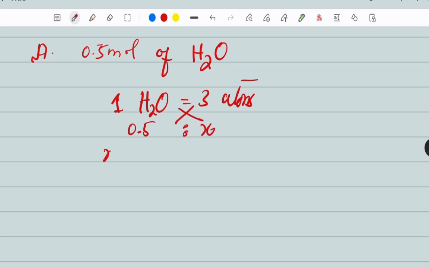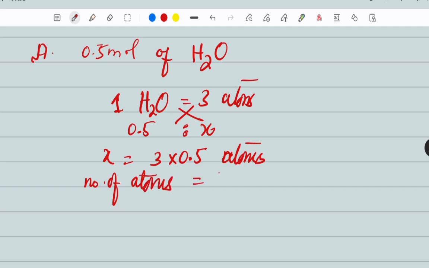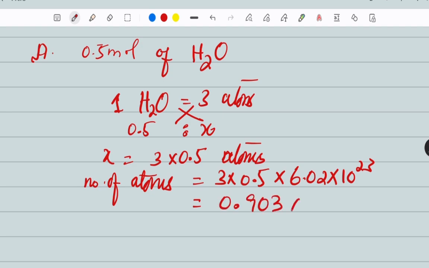So X is equal to 3 multiplied by 0.5, and then we have to calculate the atoms. If we have to calculate the number of atoms, then 3 multiplied by 0.5 multiplied by Avogadro number, that is 6.02 into 10 raised to power 23. Then we will get the answer 0.903 into 10 raised to power 24.